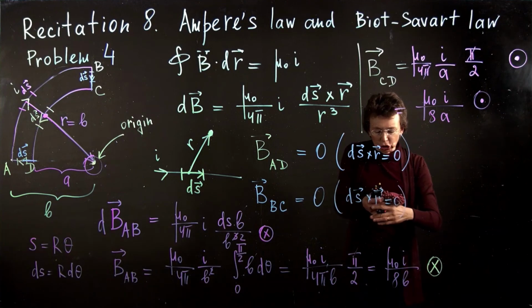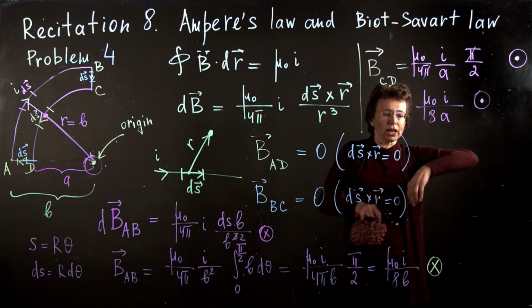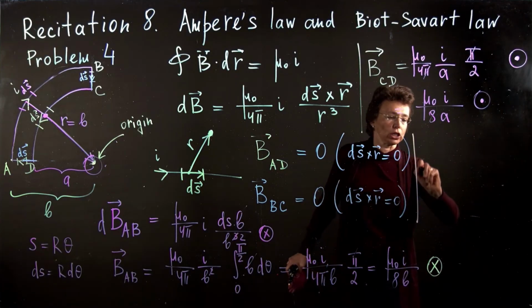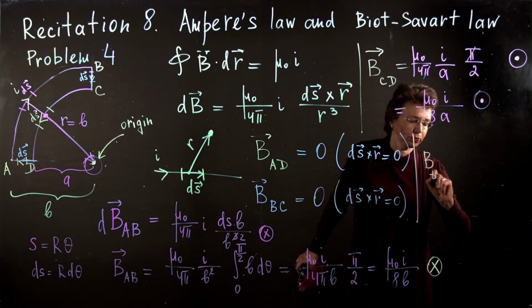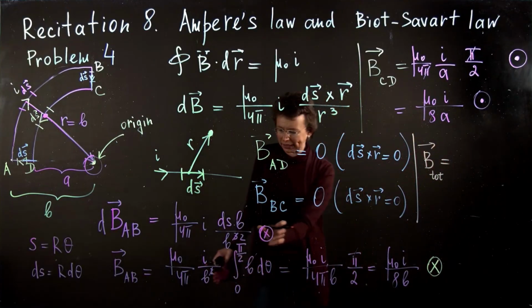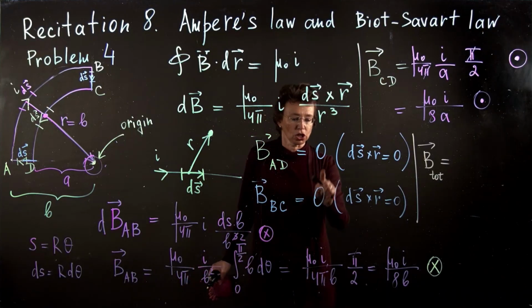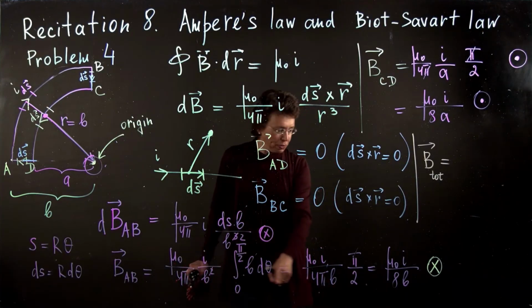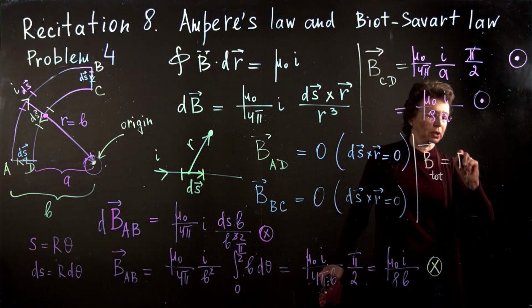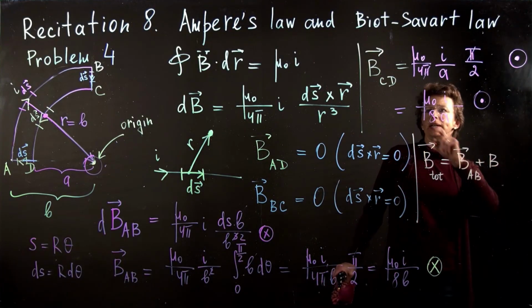Now, what will be the total magnetic field created by this wire with current I at the origin? B total. Now, I need to add these actually 4 magnetic fields as vectors. 2 of them are 0, so B total will be BAB plus BCD.